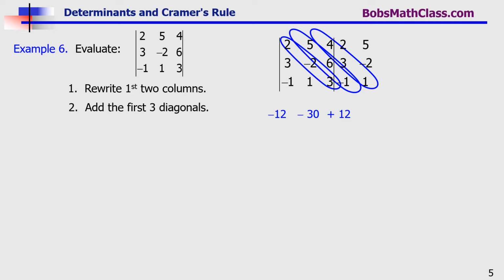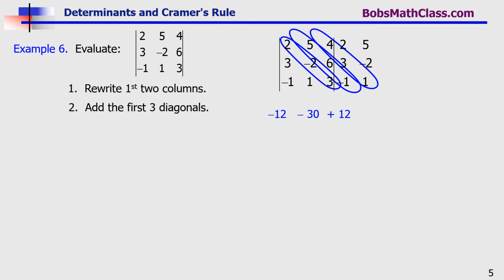Now we're going to start from that 5 on the far right, the 5th column, and we're going to get our next 3 diagonals going backwards. We need to subtract those numbers, so whatever sign you get, you change it. If you get a positive value, put a negative. If you get a negative value, put a positive.